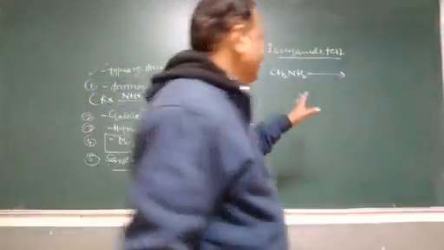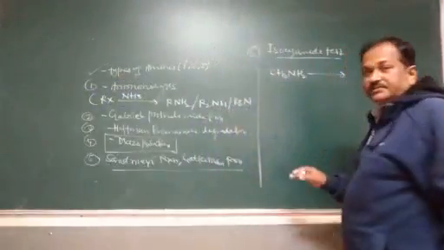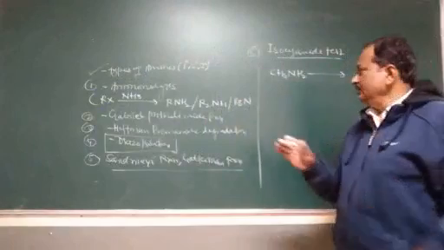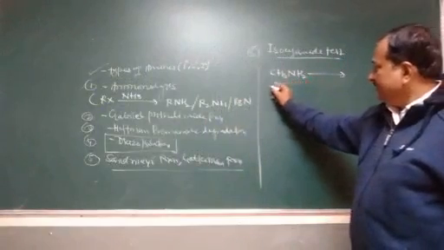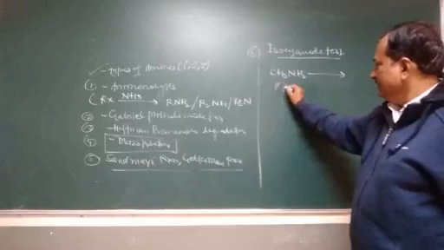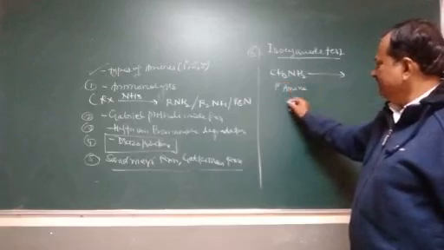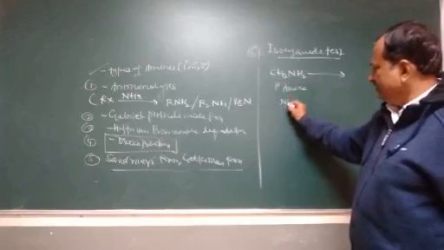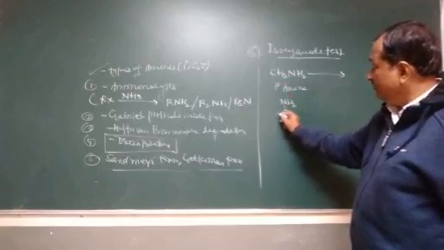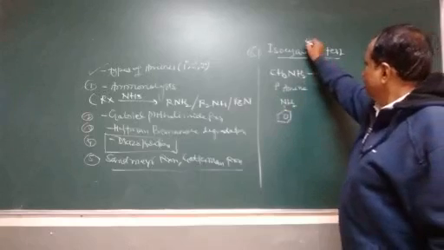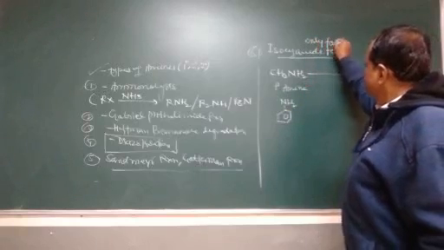Now this is a very important part, the isocyanide test. The isocyanide test is very simple. Any primary amine, either aliphatic or aromatic, is applicable. It is applicable only for primary amines.